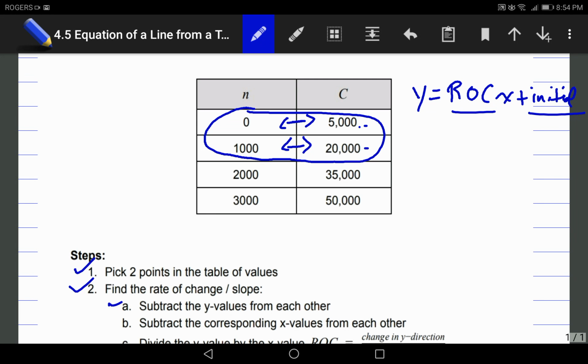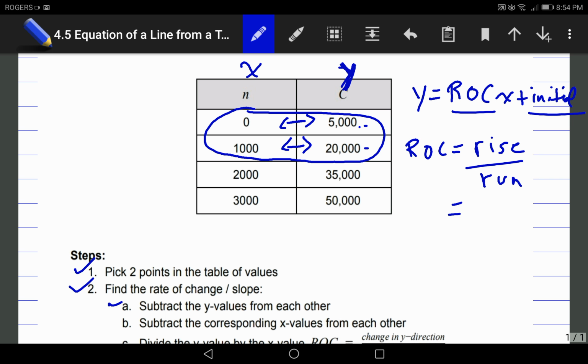So I'm going to find the rate of change right here. It's going to be equal to the rise over run. We know that. And the rise in this case is going to be the difference between our y values. By the way, C is our y values, and N is our x values.